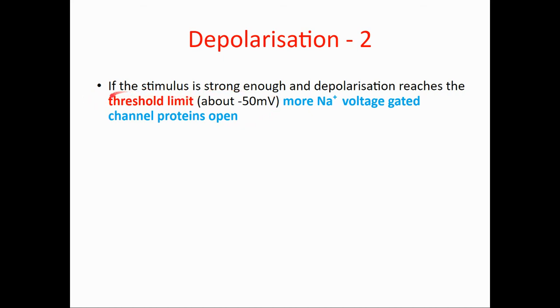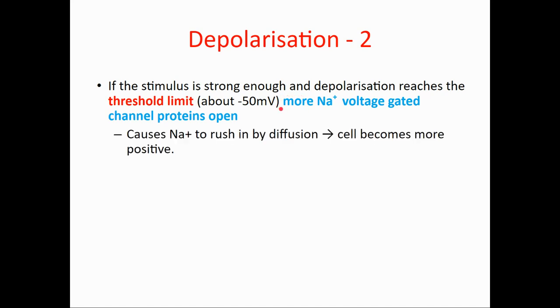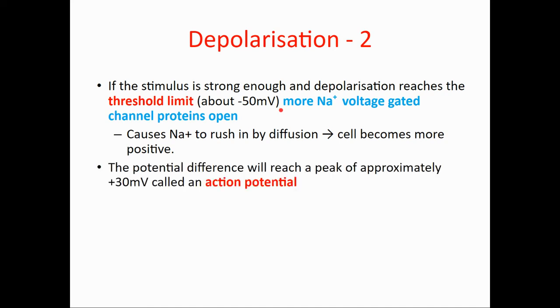The reason it's threshold is that if you hit minus 50 millivolts, more sodium ion voltage gated channel proteins open, and therefore more sodium ions will move in by diffusion, and the cell will become more positive to reach its plus 30 millivolts, and we will have an action potential. It's basically an all or nothing response.